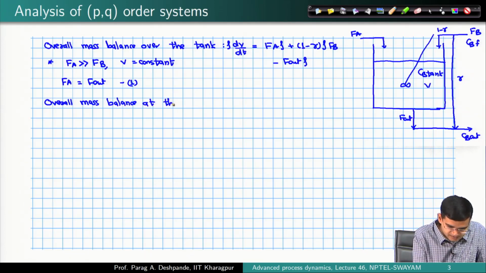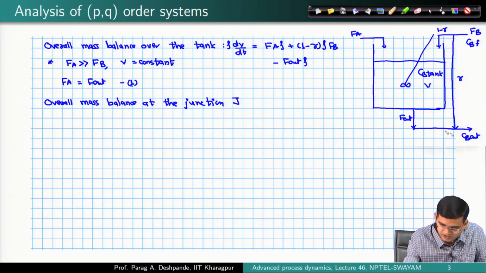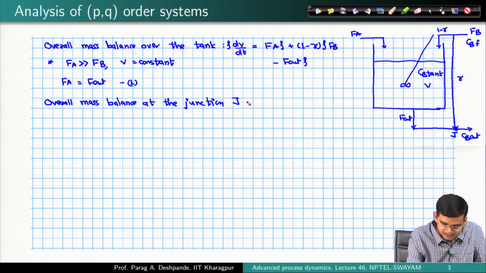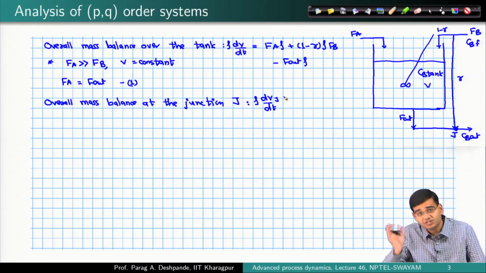Now, I can write the overall mass balance at the junction J. So, this is the junction J, right. I can write this overall mass balance at the junction J, and this would be equal to what? Rho times dV by dt, and this is the volume of the junction, and junction has no volume.